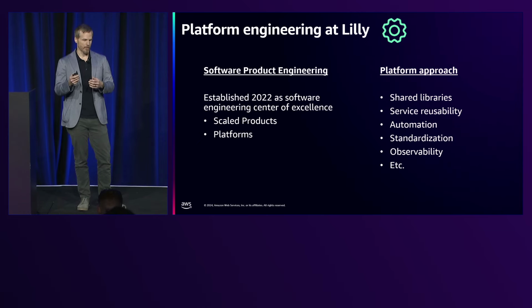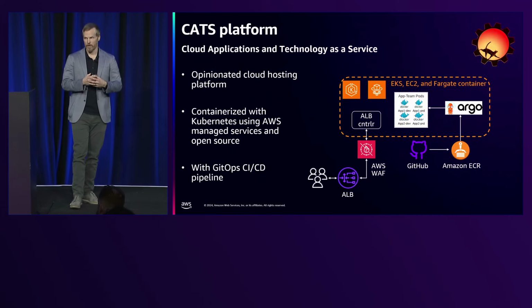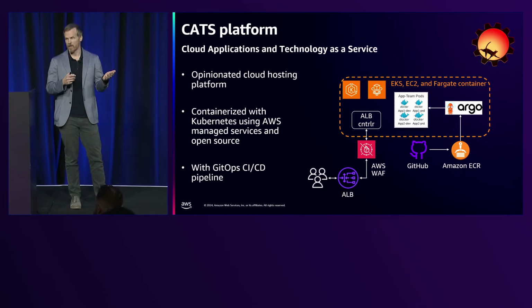And one of the platforms that's been a really big investment for us is this KATS platform. And so this is cloud applications and technology as a service. And what this is, is a comprehensive cloud application development and hosting solution. And so we built this on AWS, and we use a series of open source and AWS managed services to support it.